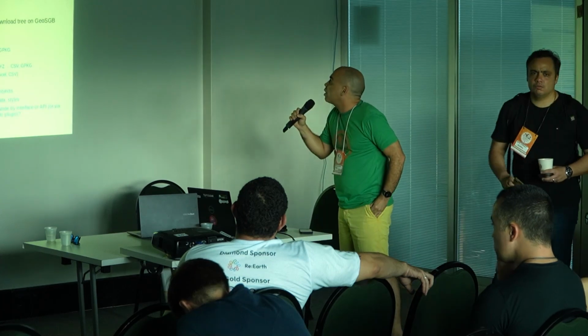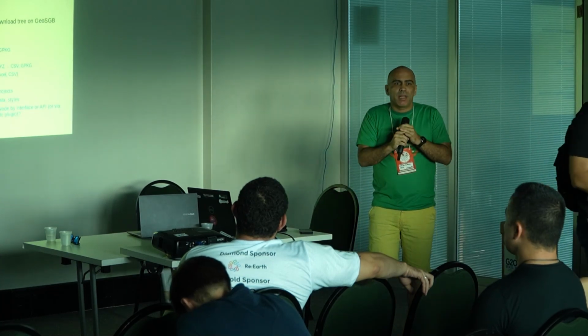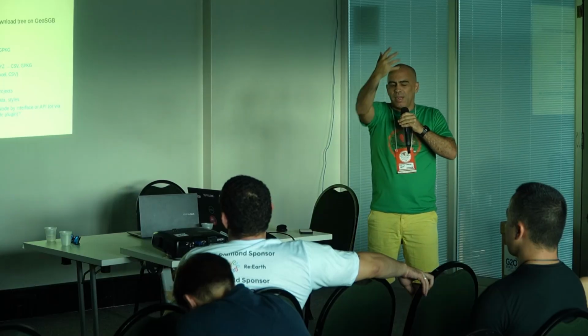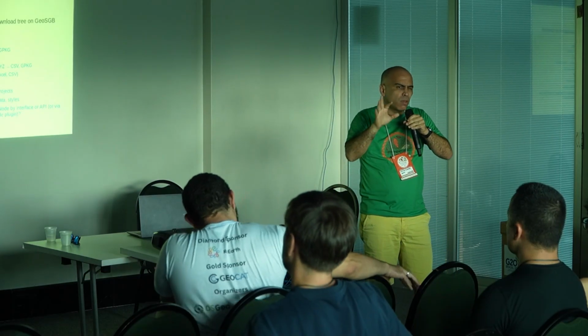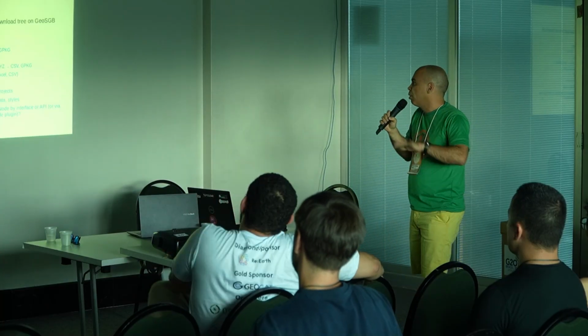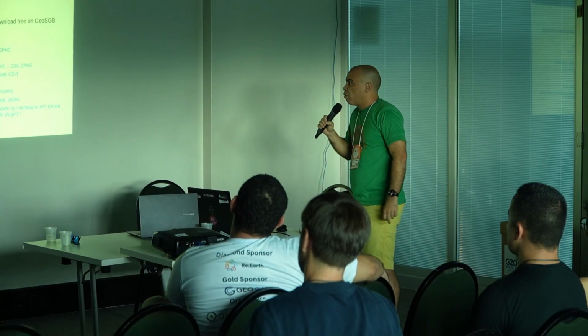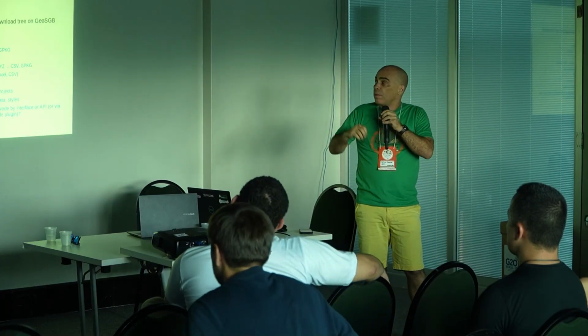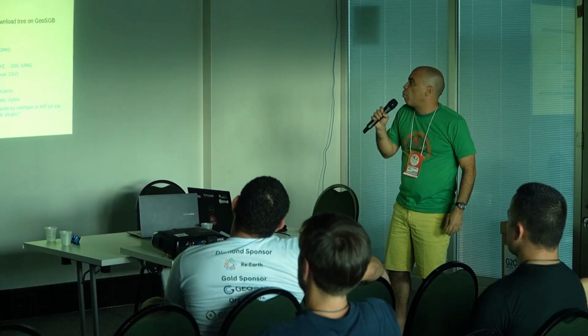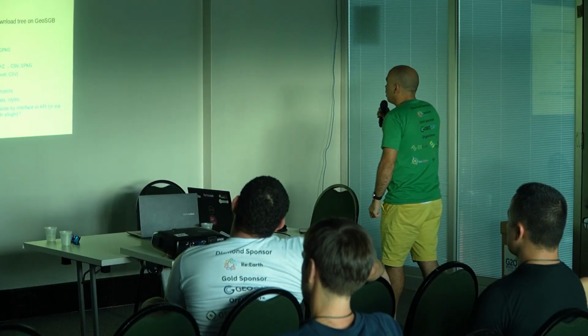Public data. Our public data is a download tree, an XML listing with some files. I think it's 3,000, 4,000, more or less. We have various formats: shapefiles, file geodatabase. We plan to convert to GeoPackage, GeoTIFFs.